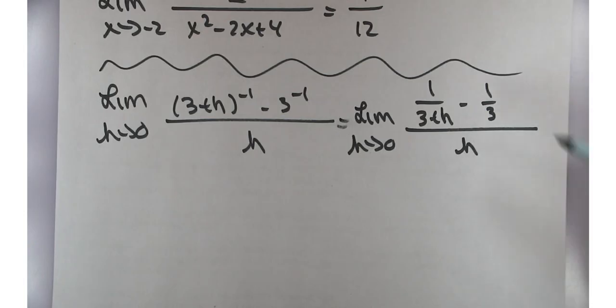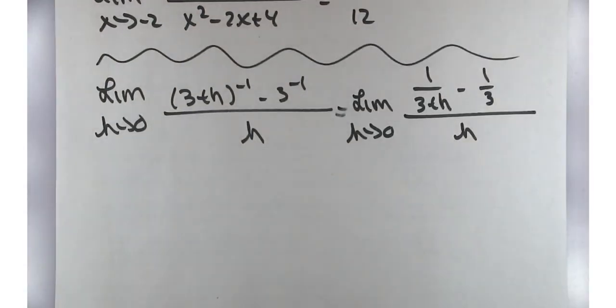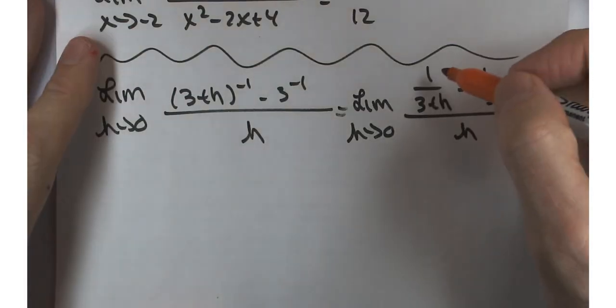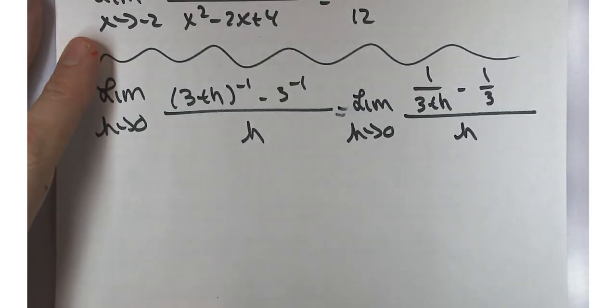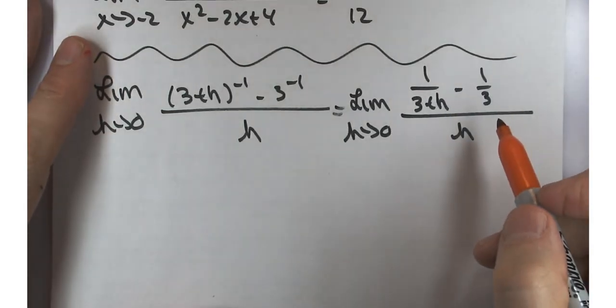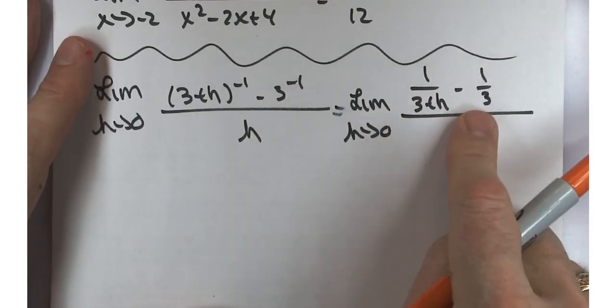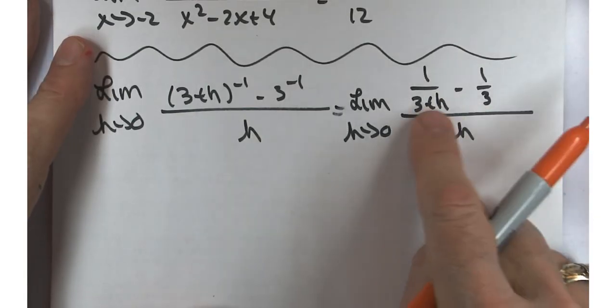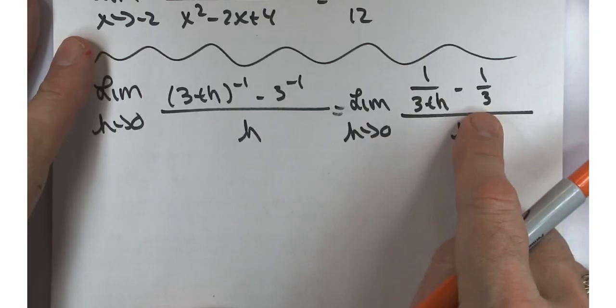This is a reminder of some work that you did in college algebra with complex fractions. What we like is to have one fraction here, not two. There's a couple ways we could do that. Let's get a common denominator in the numerator and bring those two together.